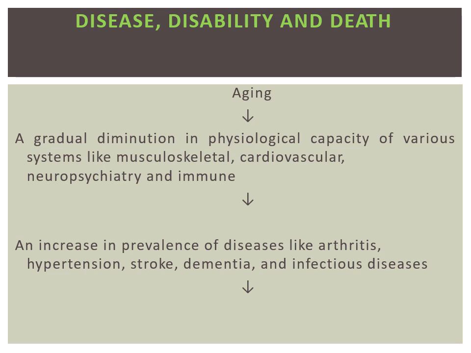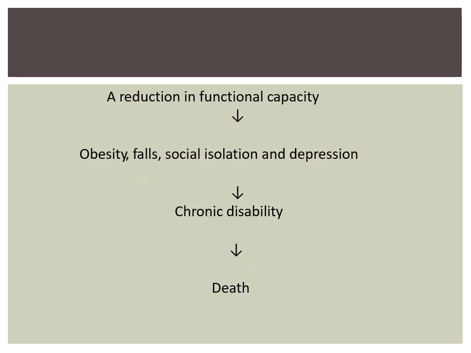This increase in prevalence will cause a reduction in functional capacity, and obesity, falls, social isolation and depression will tend to develop. Due to this, the person tends to develop chronic disability, and that chronic disability leads to death in most elderly persons.